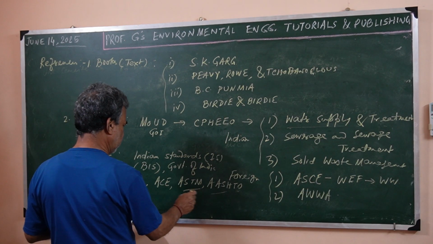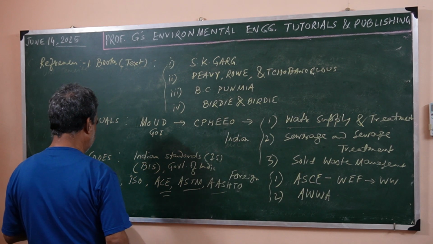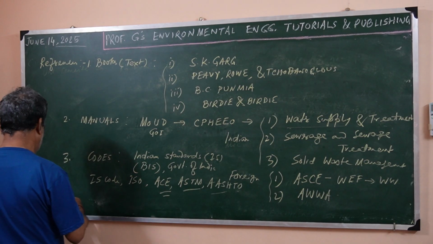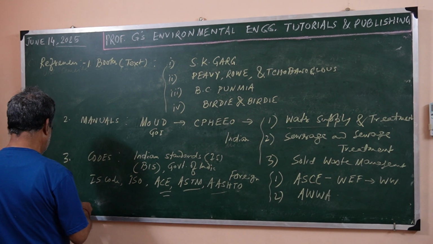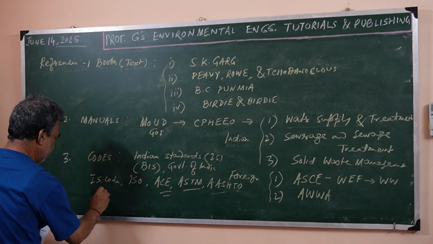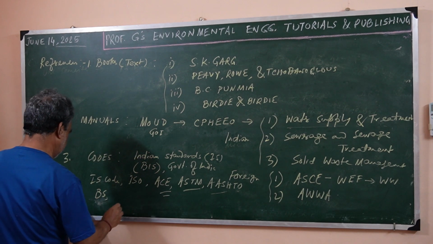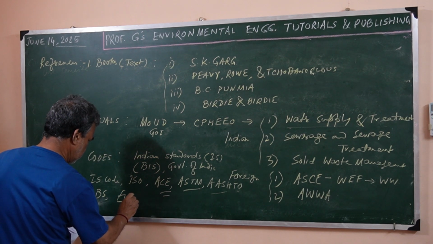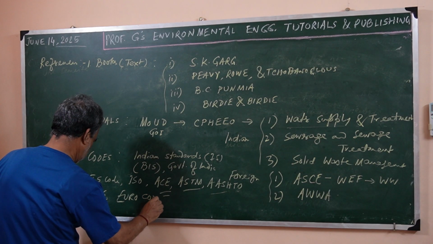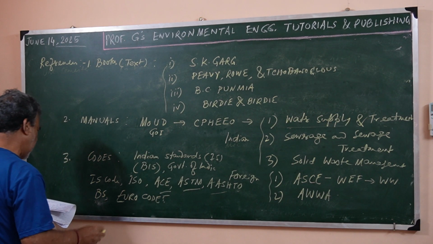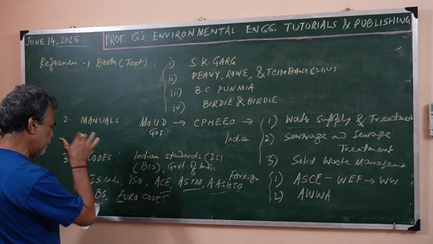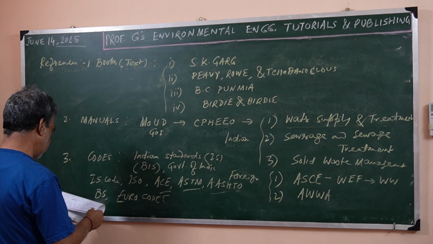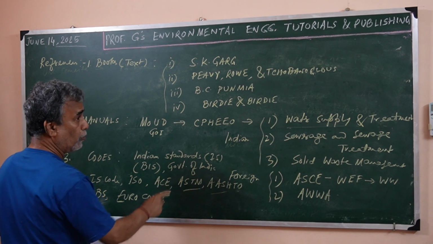This is concrete engineering or structural engineering, so there are codes for that. And also British Standards, BS, then Eurocodes, and other countries also have their individual respective codes. So these are to be followed this way.